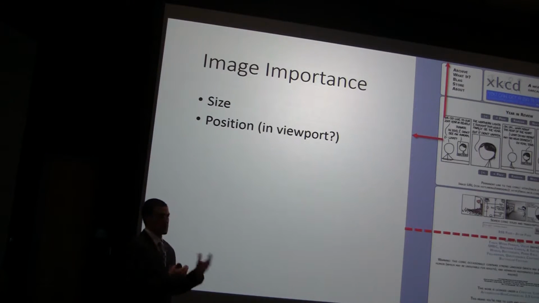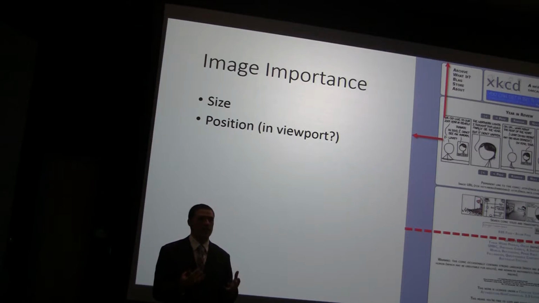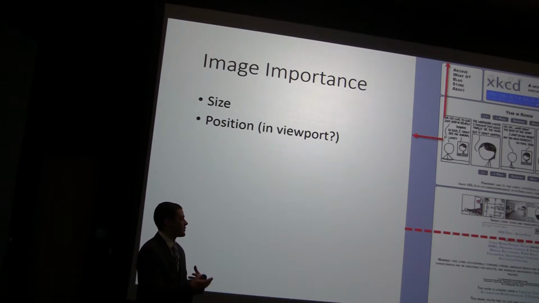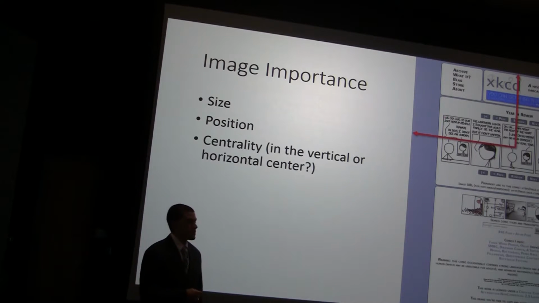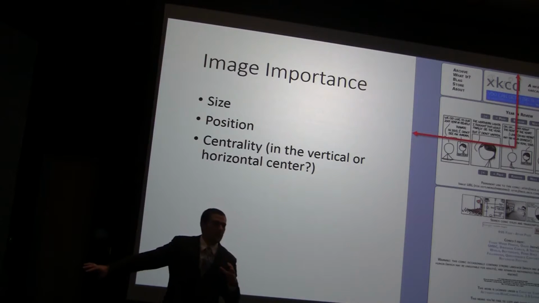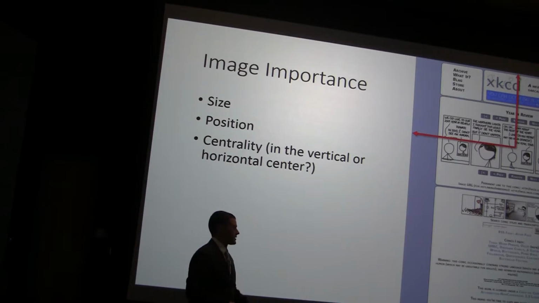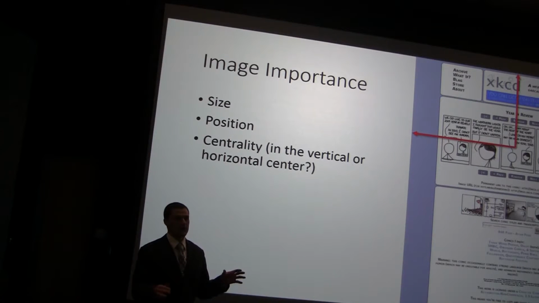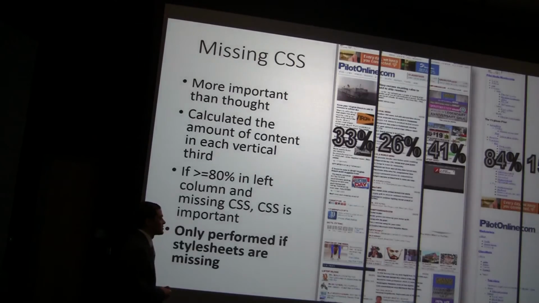We consider the position in the viewport, meaning did the content author decide that this was important enough for you to view immediately upon visiting that memento or that resource. And finally, we consider the centrality. Does it appear in the middle of the page, or is it put off to the periphery on that page? And again, this is a decision by the content author. And all of these different factors go into assessing the importance of that image and its importance to the page.